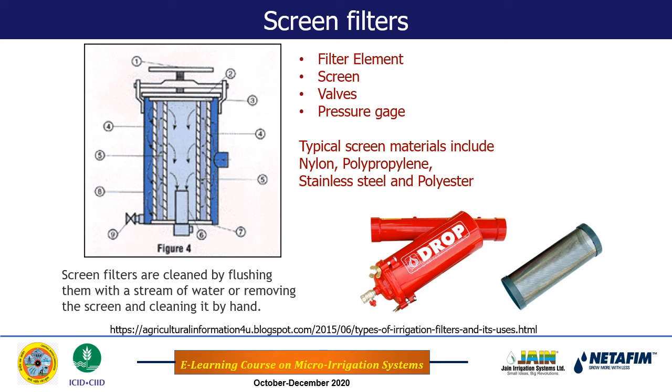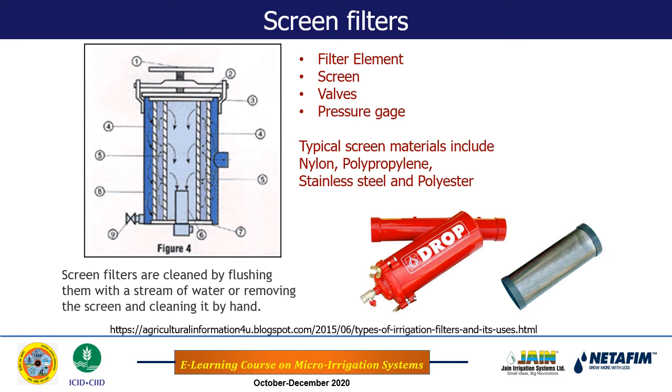As water enters the filter through this filter casing, the screen element will keep away the impurities on the screen itself, and impurity-free water will come inside, and then it will go into our main line through this outlet. There is one handle to remove the filter element from the filter, so that we can clean it.